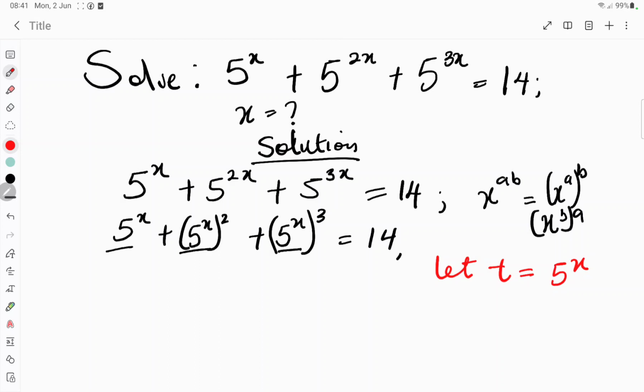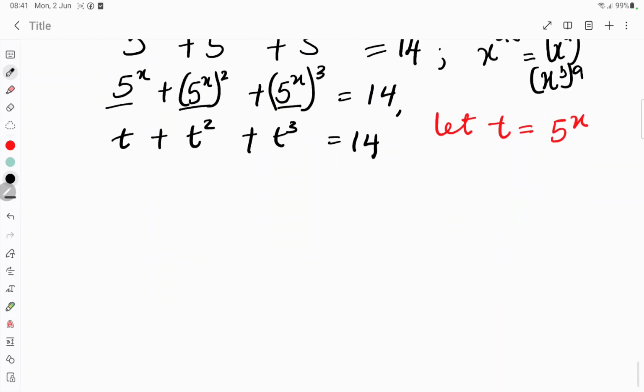If we let t be 5 power x, you can now see we have t plus t squared, then plus t cubed is equal to 14. So we can now rearrange with respect to the power. So we write that t cubed plus t squared plus t is equal to 14.